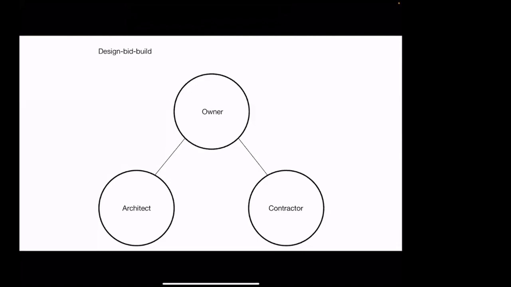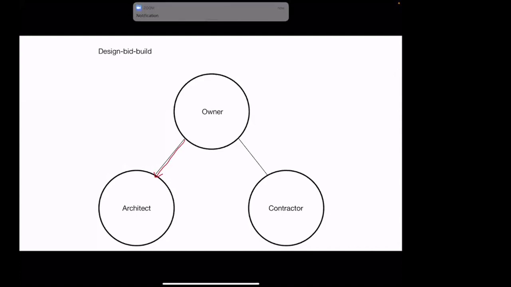Now, within this flavor of design-bid-build, which has its benefit, the owner hires the architect, signs a contract with the architect, who produces a set of drawings. Those drawings combined with specs become the contract documents. The architect helps the owner administer the bidding process. The project goes out to bid and contractors bid on it.